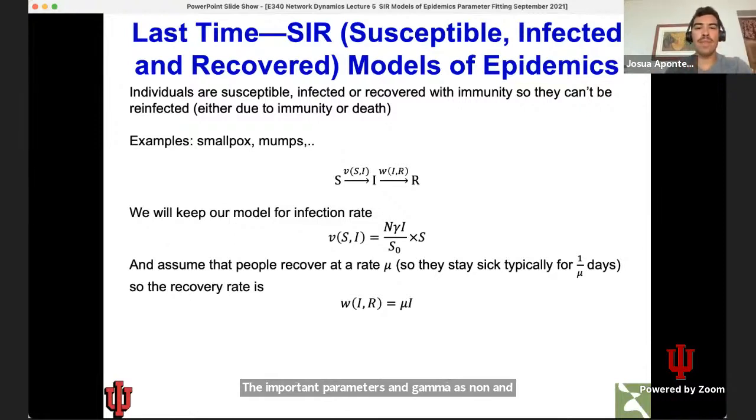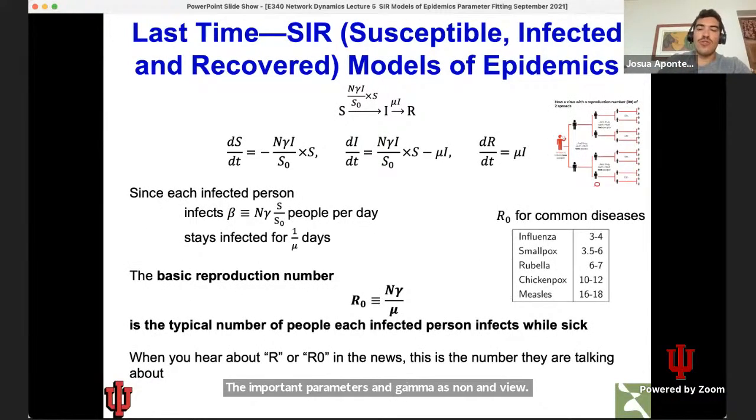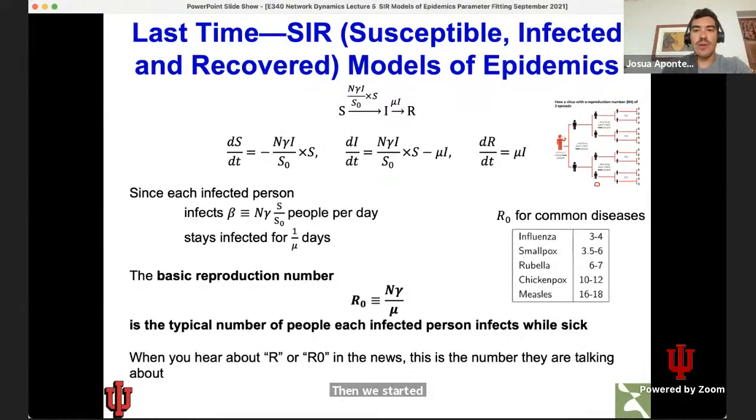Then we discussed that by looking at the parameters N, gamma, and mu, we can determine what the basic reproductive number, R naught, is, which indicates how many individuals an infected person will infect in an otherwise totally susceptible population.